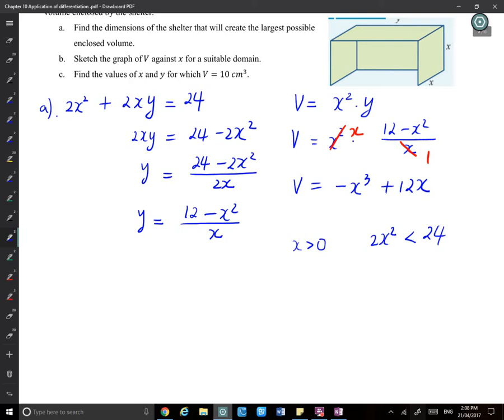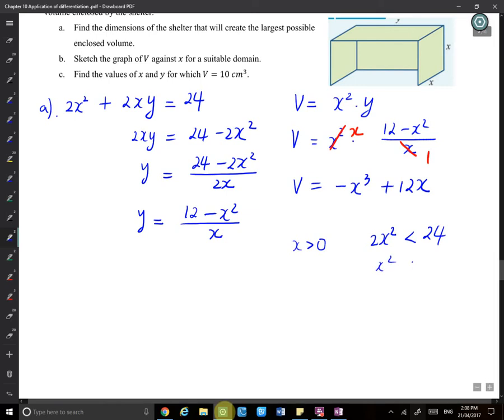So x squared needs to be smaller than 12. X squared smaller than 12. So x squared is here, 12 is here. That gives you negative 2 root 3, and that gives you positive 2 root 3.